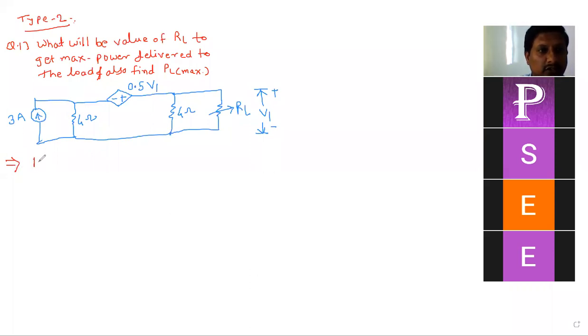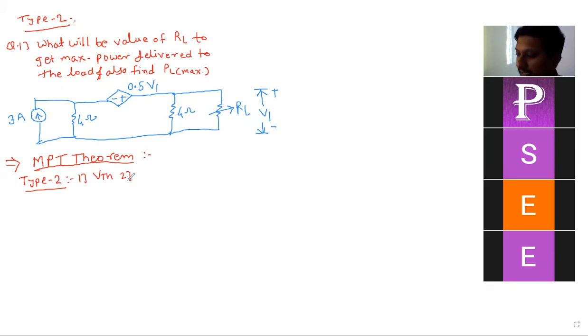So we have to solve by using MPT theorem. According to the question we have to solve. So in MPT theorem, which type does it belong to? So type 2. So in type 2, what we have to do? We have to find out VTH. RTH we cannot get directly.